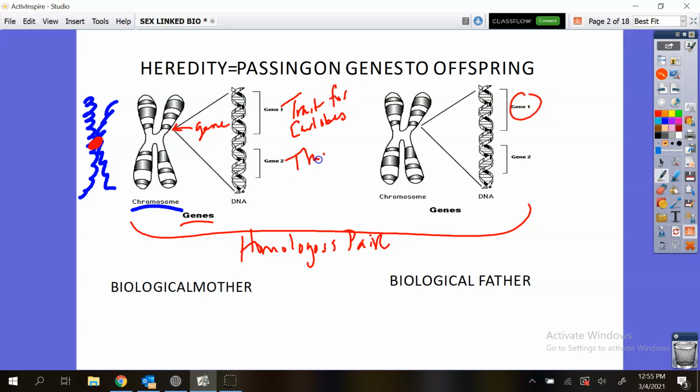And this one, remember I said, would be the trait for eyelashes, whether they are long or short, and so would this one over here. And then it depends on whether you receive the dominant or recessive allele for each, or on what type of pattern of inheritance it is, which designates how you phenotypically display that trait.